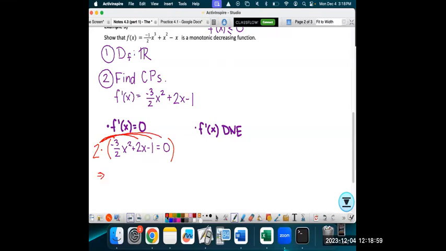And we get negative 3x squared plus 4x minus 2 still equals 0. So I'm going to play around with that and see if I can factor it. I want you to try as well. And worst comes to worst, if we can't figure out nice factors, we could use the quadratic formula.